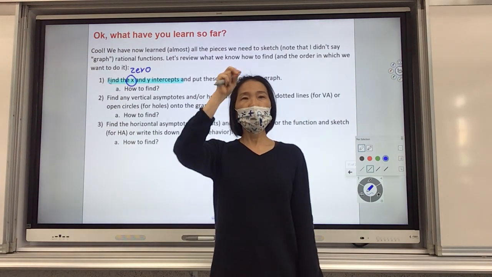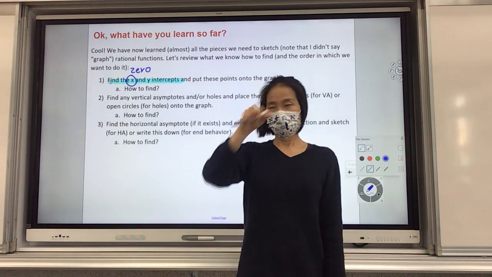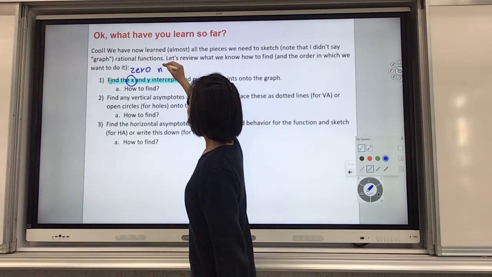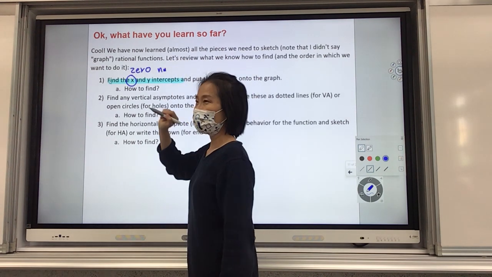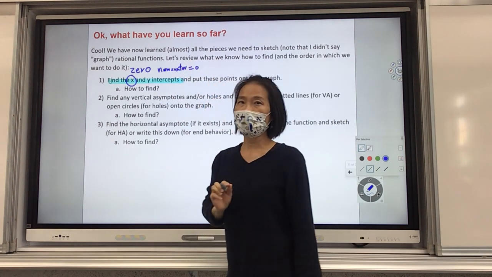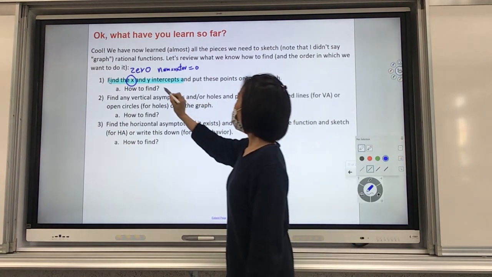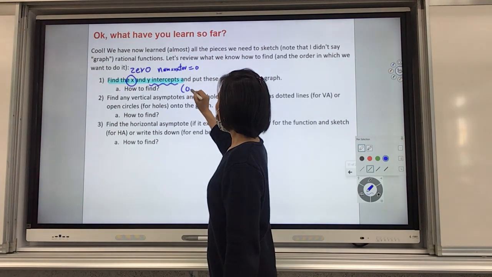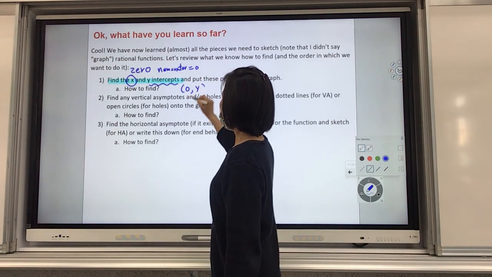That's when the numerator, on top of the fraction, is equal to 0, right? How do you find the y-intercept? Well, you will set x equal to 0 to find y.